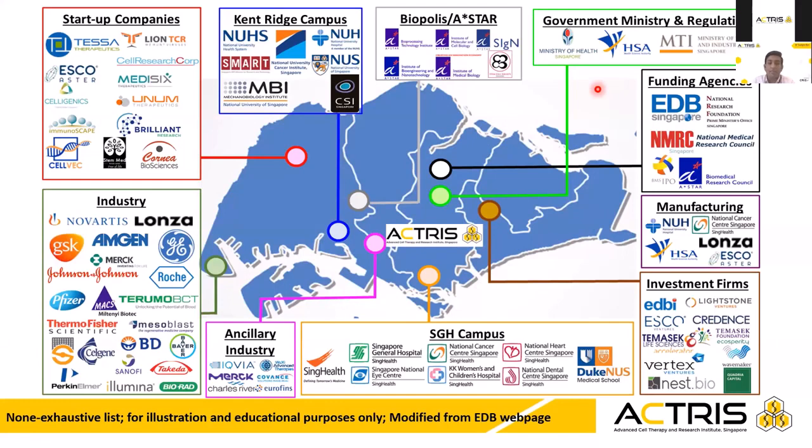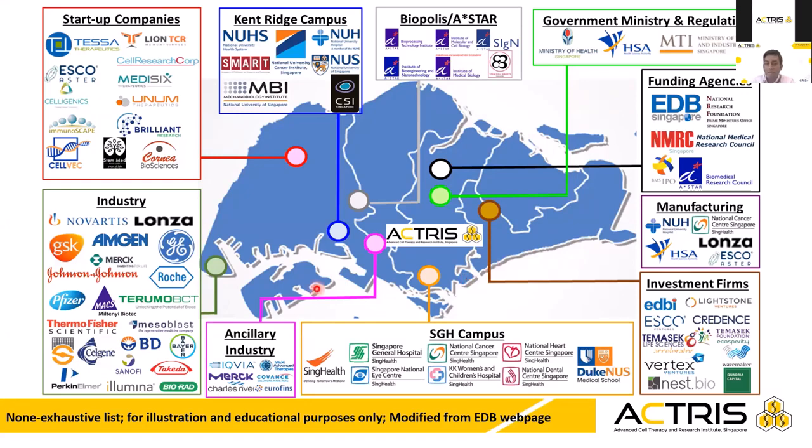I seek your understanding that this is a non-exhaustive list, but this is a map of Singapore trying to show the ecosystem for cell, tissue and gene therapy that has been growing. From ACTRIS's point of view, we see ourselves as the pivotal center sitting at the interface of the public and private sector, trying to moderate that growth of cell therapy manufacturing processes.